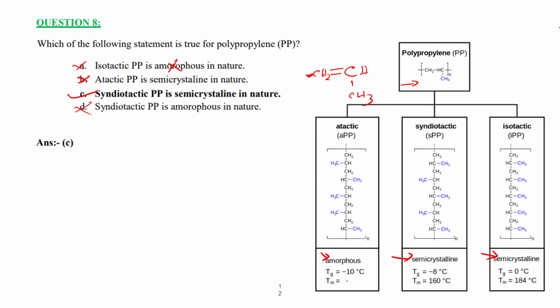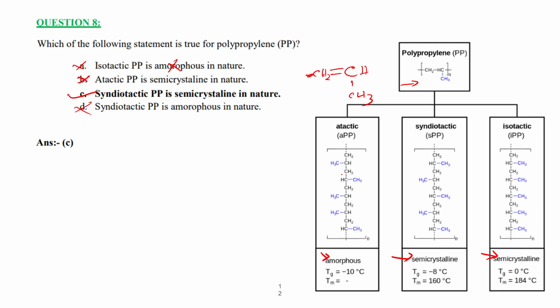Now coming to polypropylene, there are several classes, and with that we can decide: atactic, syndiotactic, isotactic, which we have just read. Atactic polypropylene is amorphous in nature, and this macroscopic property ultimately determines what kind of property the material you are preparing will show.